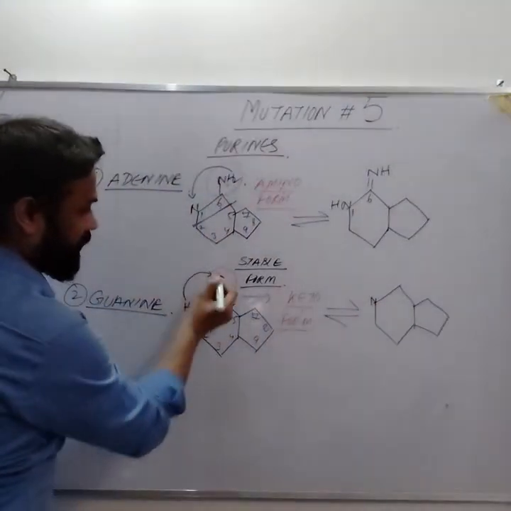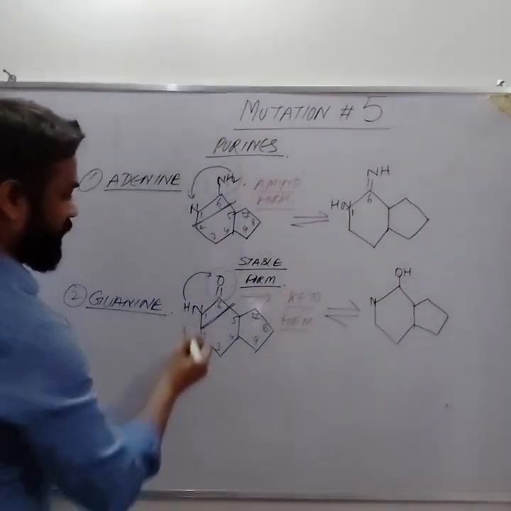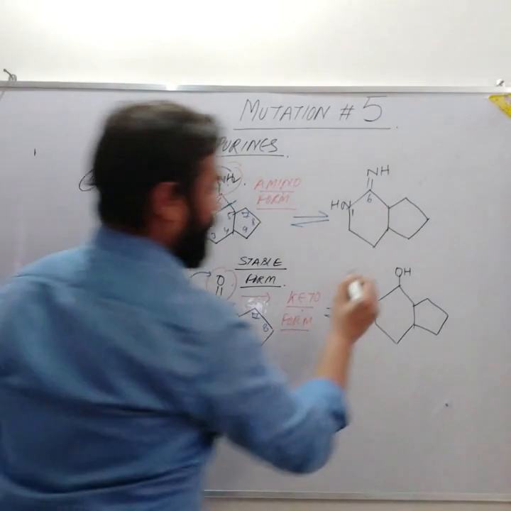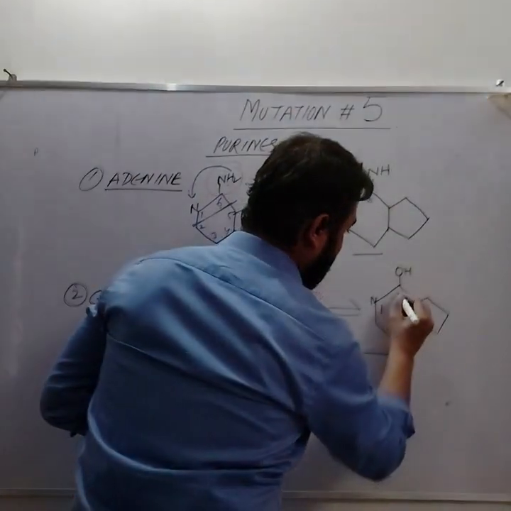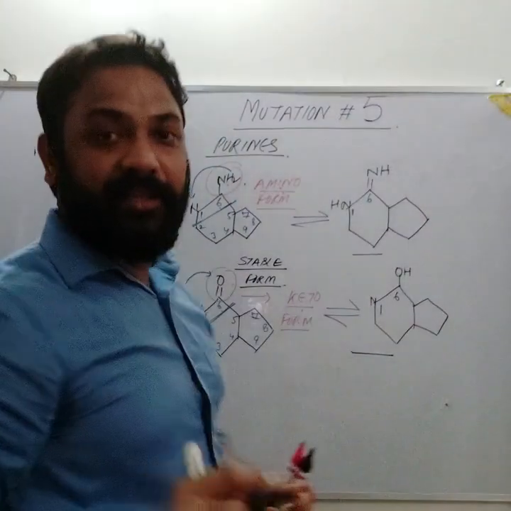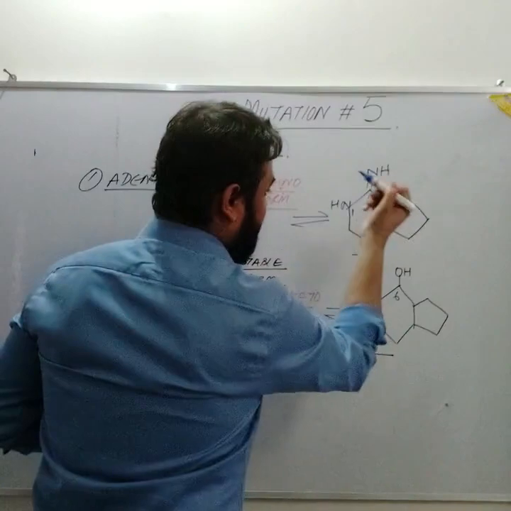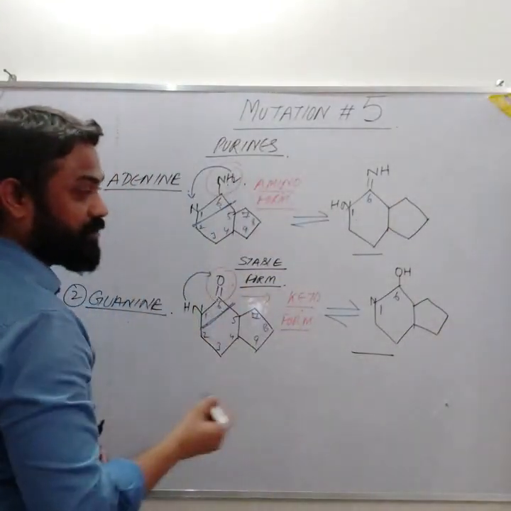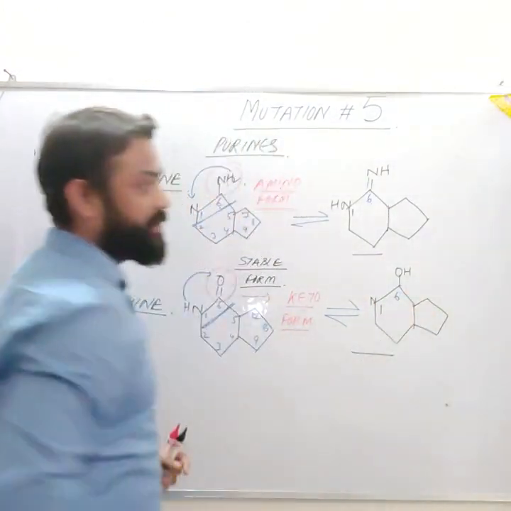This hydrogen goes here, so that means from here H has come to this position. Again the same position, between number 1 and number 6. So the change in position of hydrogen occurs between 1 and 6 in case of adenine, and in case of guanine also.